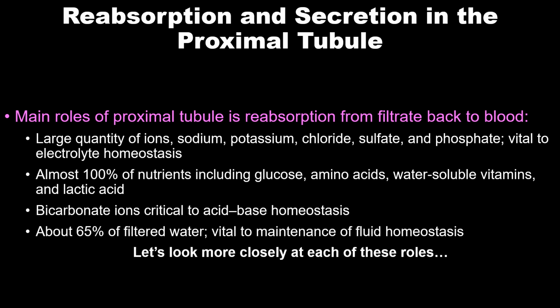In addition, the sodium-potassium pumps in the basolateral membrane can become more active in the presence of angiotensin II, and this can explain how this hormone increases sodium ion reabsorption from these cells. But the main roles of the proximal tubule in reabsorption are as follows.